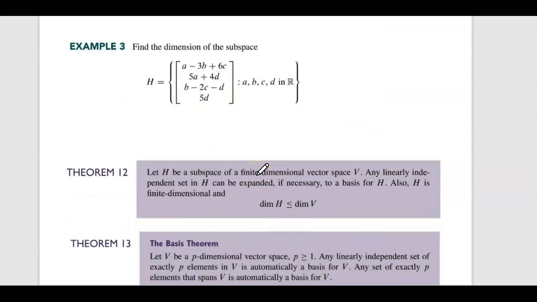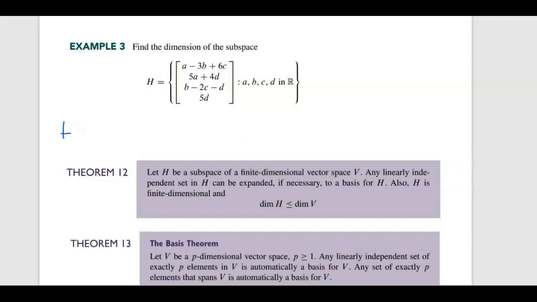Example 3, find the dimension of the subspace, and here is our H right here. So in this example, we need to see if we have linearly independent vectors.